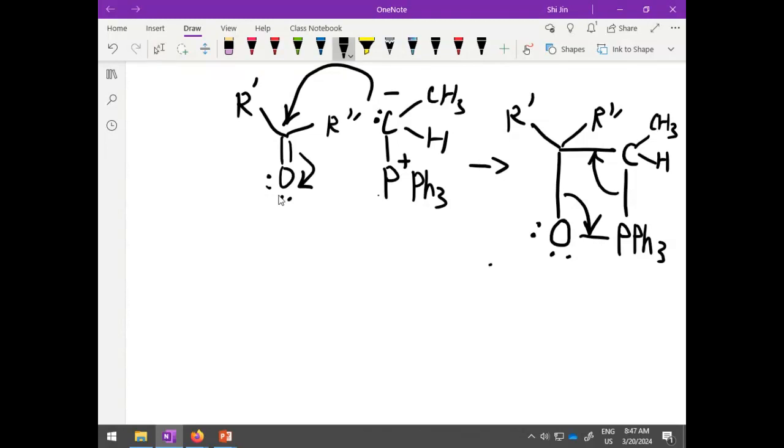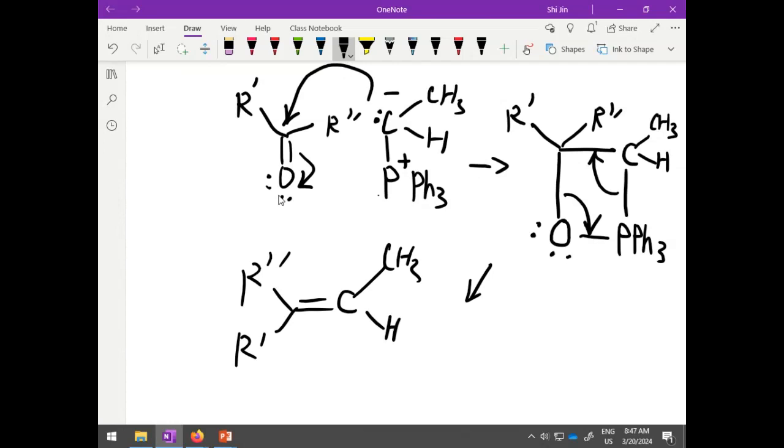But the key part is what you see in the product. You're going to have the H, and the POPh3, and if you like, of course, you can write it into the other resonance form.